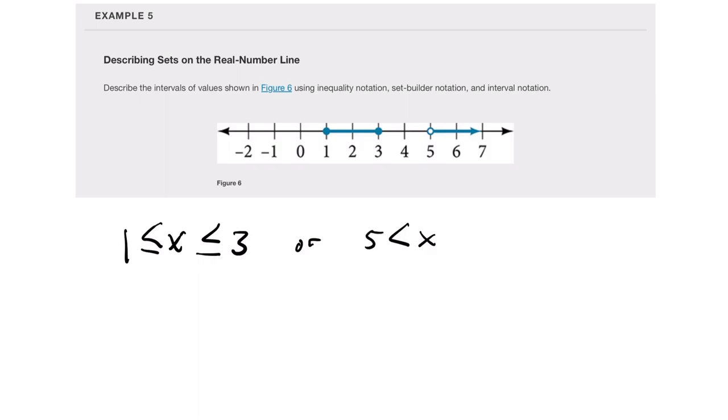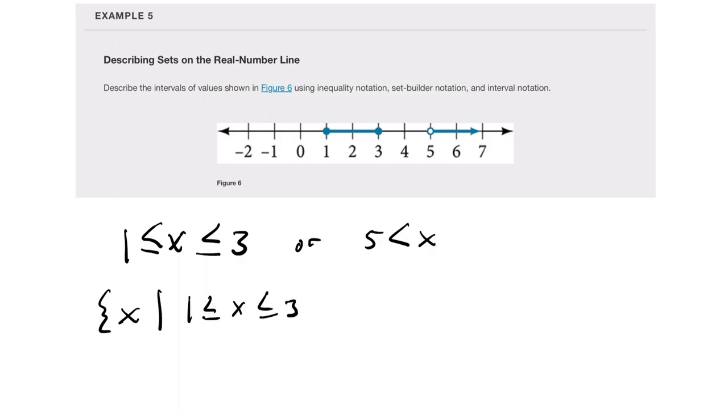Okay, so if that's inequality notation, then in set builder notation, this would be the set of all x such that, then we repeat that: x is between 1 and 3 inclusive, or x is strictly greater than 5.